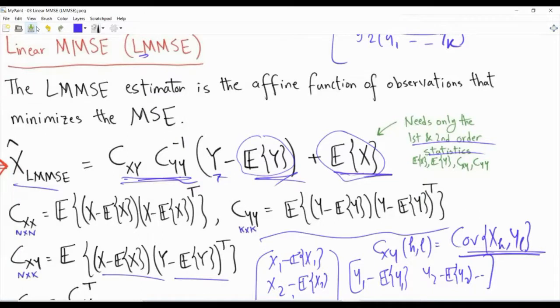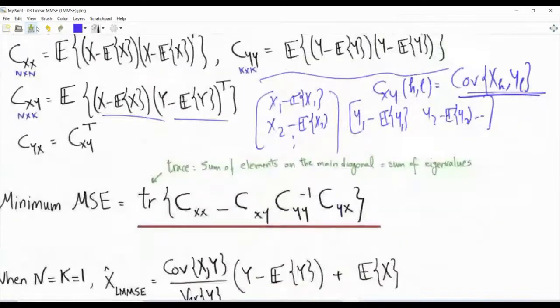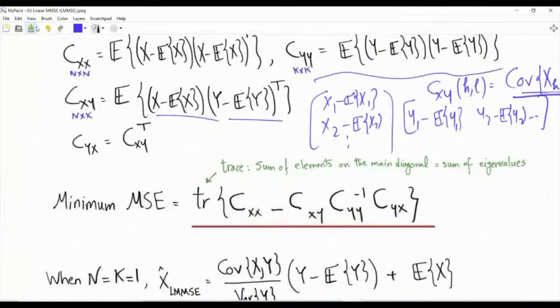So you just go and estimate these, and then you can plug them into this formula for the LMMSE. The minimum mean squared error will be the trace of this matrix. CYX is the transpose of CXY, and trace, as I said on the first slide, is the sum of elements on the main diagonal of the matrix, or the sum of eigenvalues.